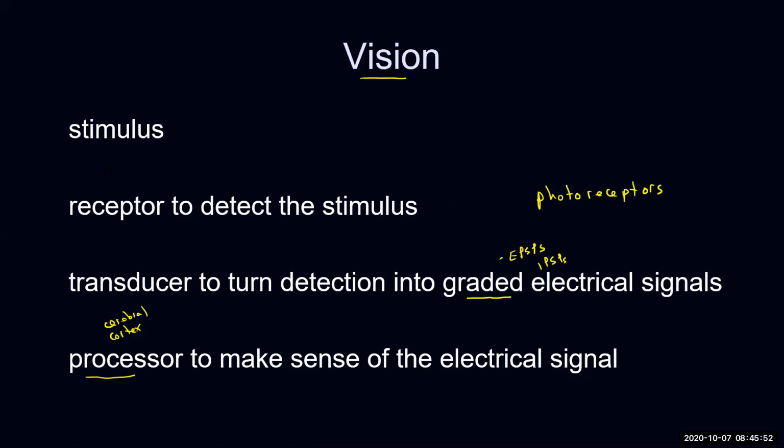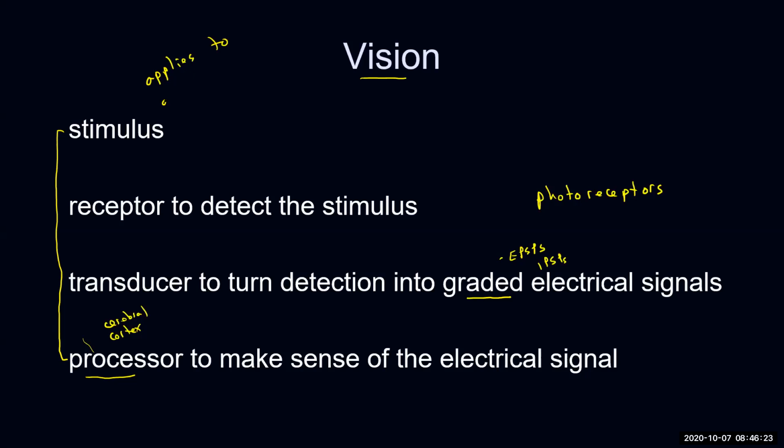Now here, when I talked about these, I am talking about vision, but this is true of all senses. So in order to hear something, right, we'll have sound waves, pressure waves in the air. We need a receptor to detect that stimulus. We need to turn that into graded potentials and then a processor to make sense. So this puts all your senses in context.